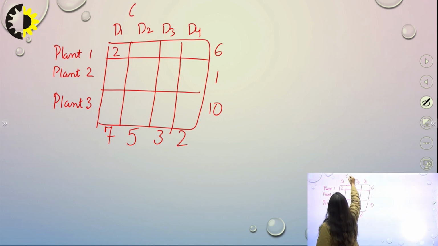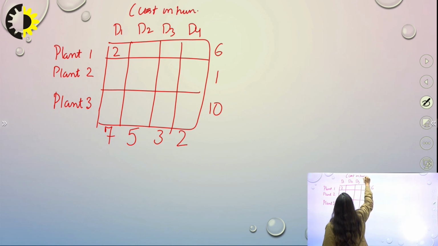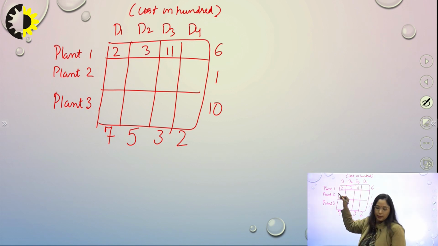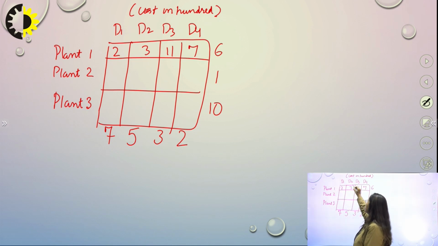All the costs are in hundreds, so 200 rupees is the cost of transportation. Similarly, from plant 1 to distribution center 2 it is 300, for 3 it is 1100 and for 4 it is 700.